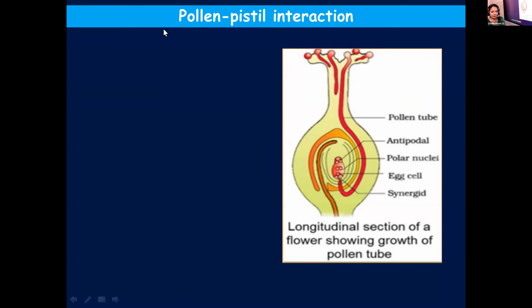We'll be discussing that. Pistil is the female reproductive part of a flower. Stigma is the landing platform for pollen grains and it is slightly sticky also. We already discussed stigma earlier. Stigma can be either branched or unbranched.